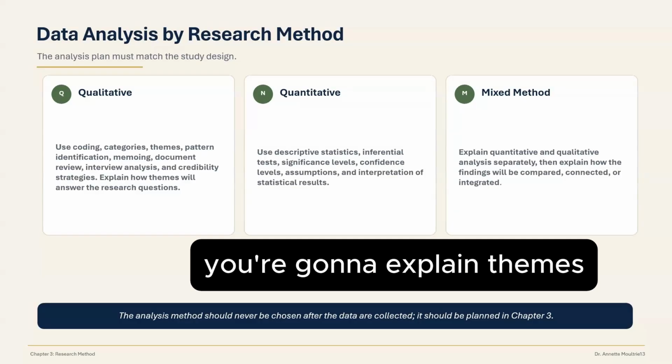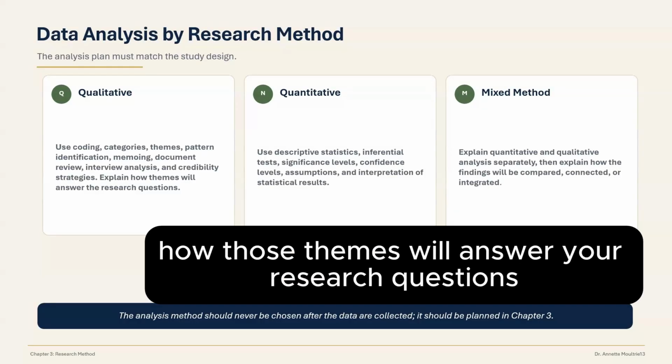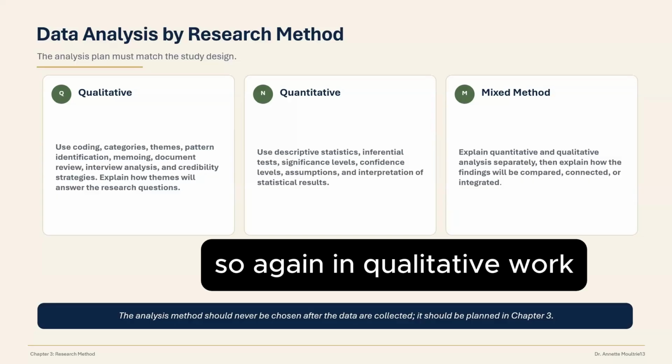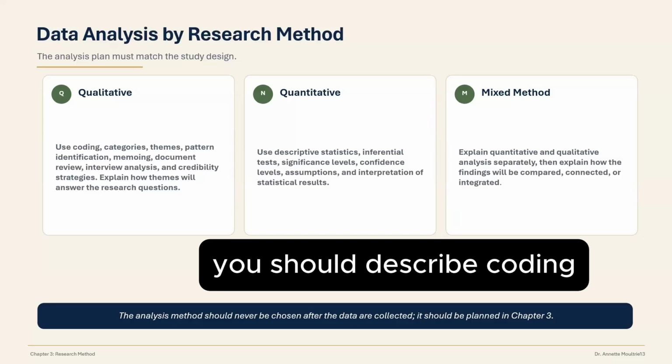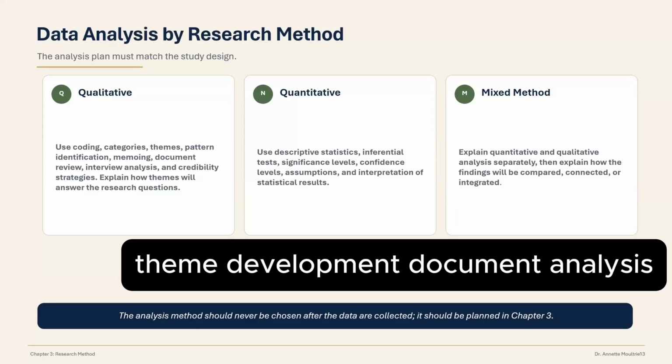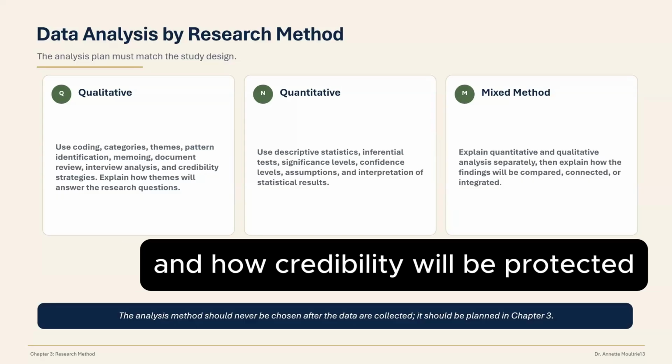If you have themes, you're going to explain how those themes will answer your research questions. So again, in qualitative work, you should describe coding, theme development, document analysis, and how credibility will be protected.